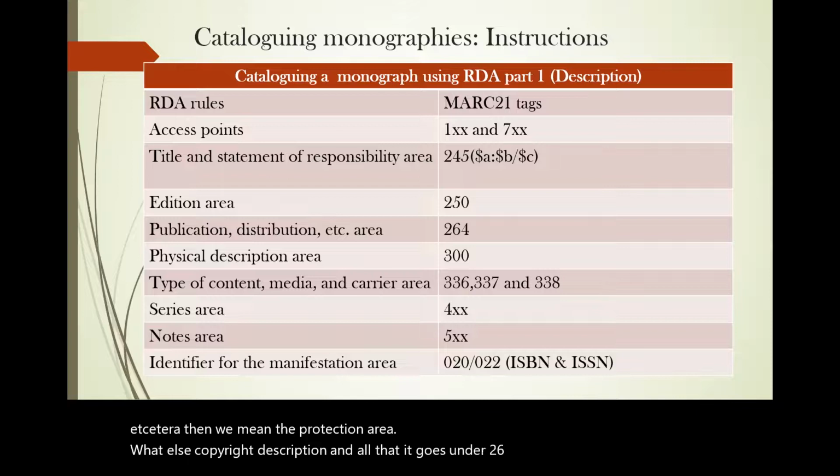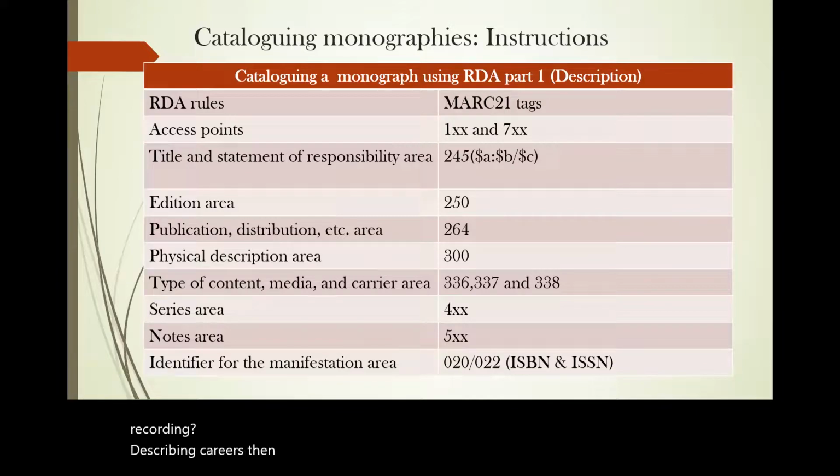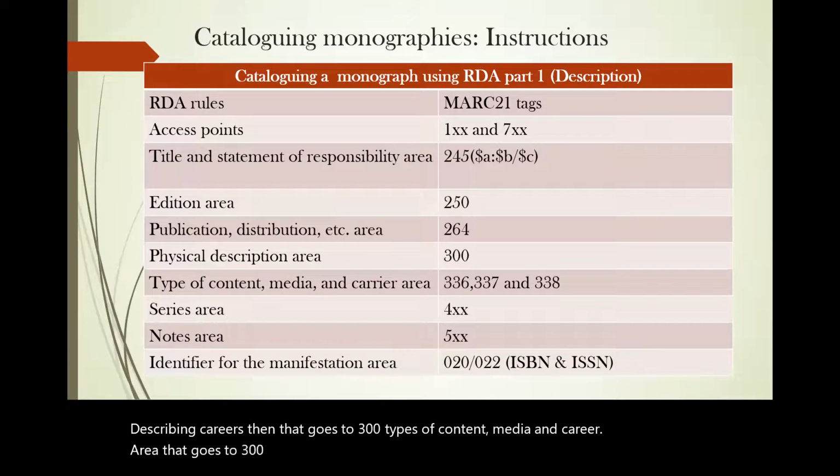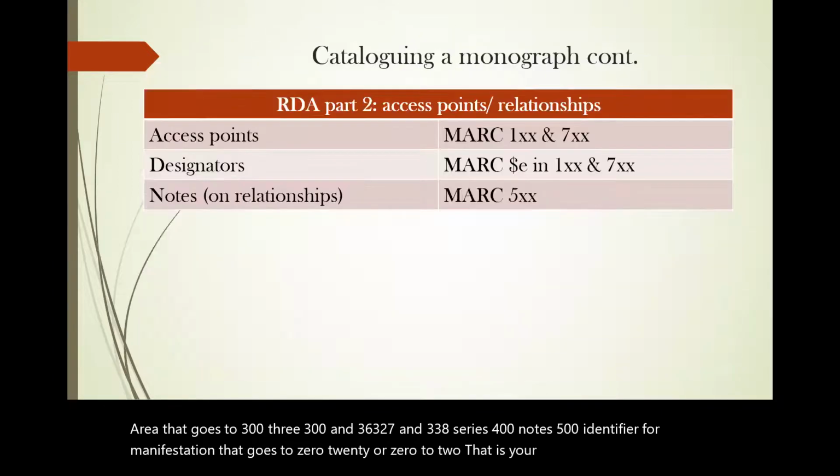Physical description, or describing carriers, goes to 300. Types of content, media, and carrier area goes to 300, 336, 337, and 338. Series, 400. Notes, 500. Identifier for manifestation goes to 020 or 022. That is your ISBN and ISSN.